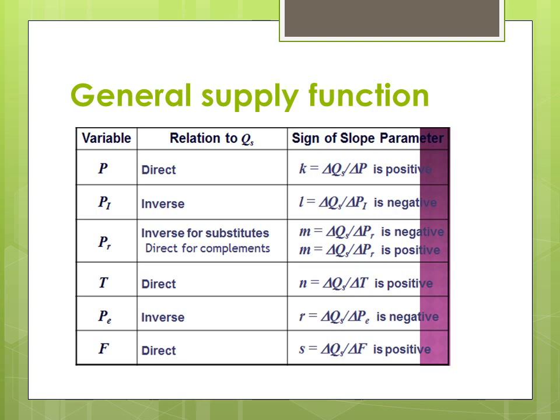And when our quantity demanded will decrease and our demand curve will shift leftward and downward, we call it contraction. So when demand will contract, it will shift downward, and when it shifts upward, it will extend.